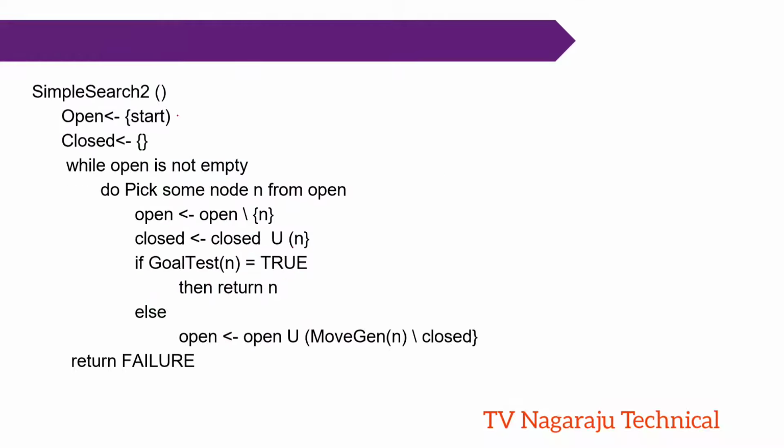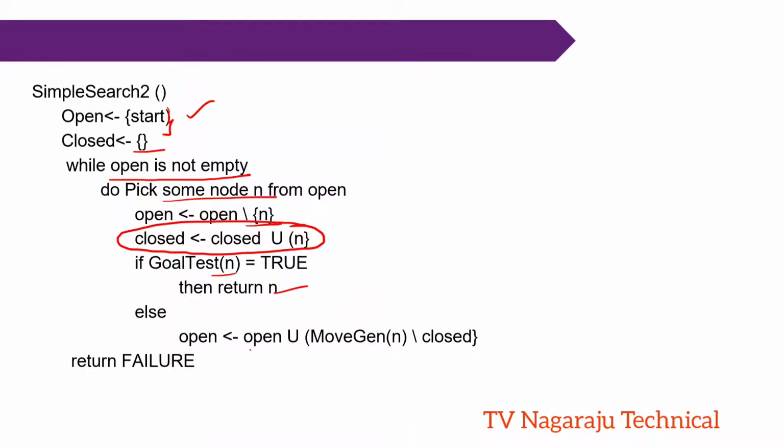Initially, open is equal to start, closed is empty. While open is not empty, pick some node and remove the node. Whenever you are removing the node, that removed node is added to closed. This is the additional point we are adding. The removed node is tested against the goal, and if it is equal, okay.